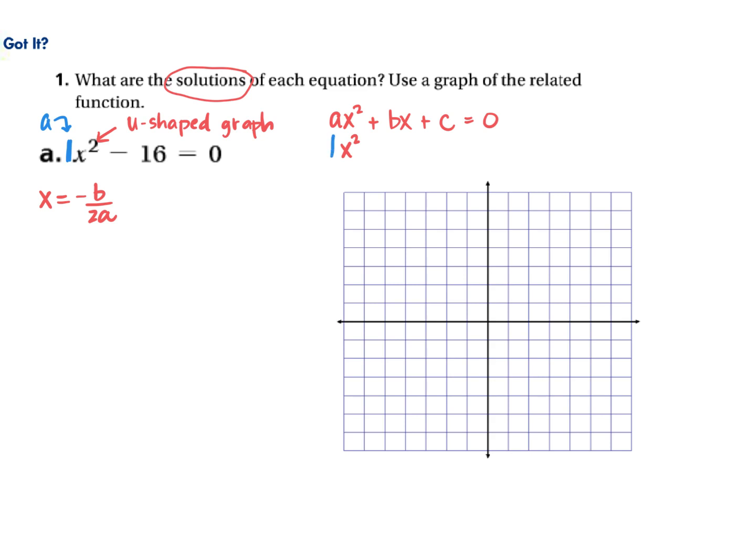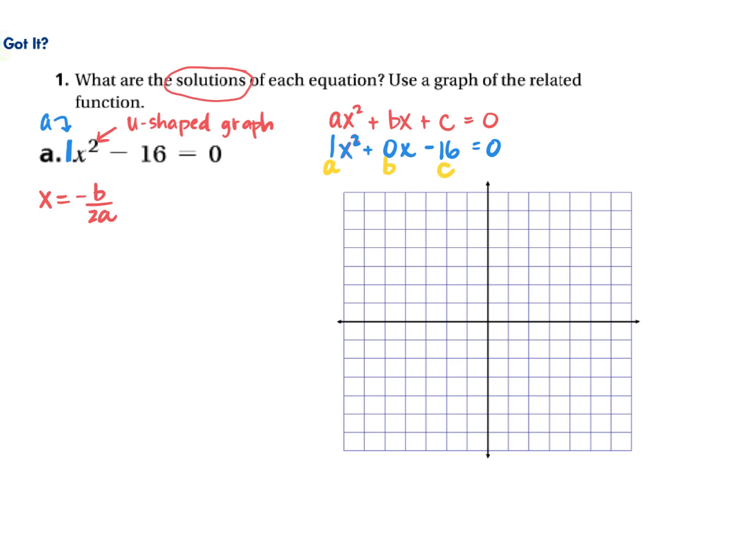We have a minus 16, which would be back here at the end, because it doesn't have an x variable on it. And then we're missing that middle term, so that means we have a 0 term there. So we really have 1x squared plus 0x minus 16, and that's still equal to 0. That helps us identify part A, part B, and part C of the question.